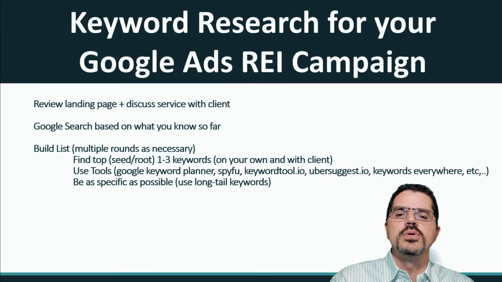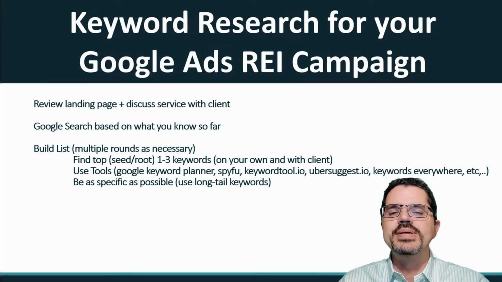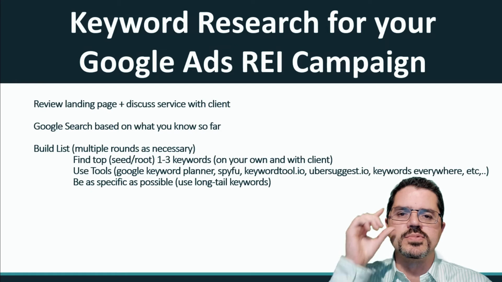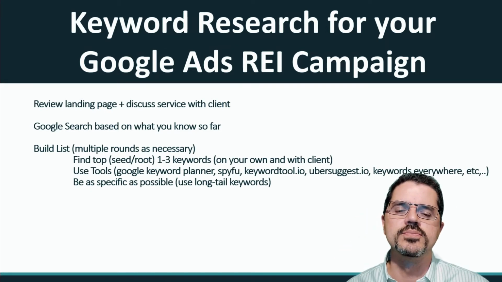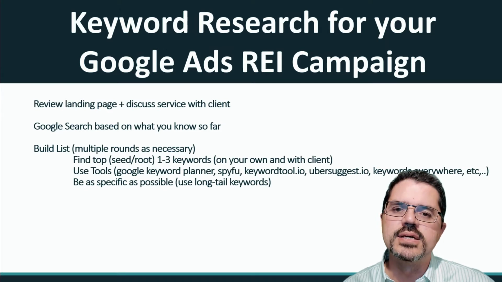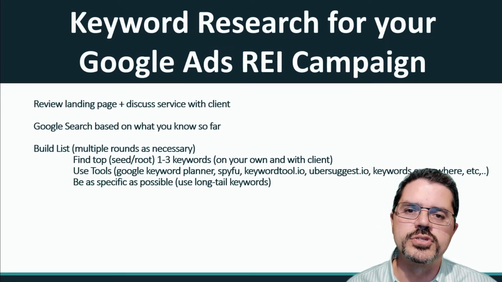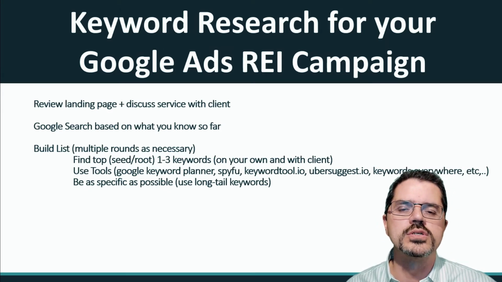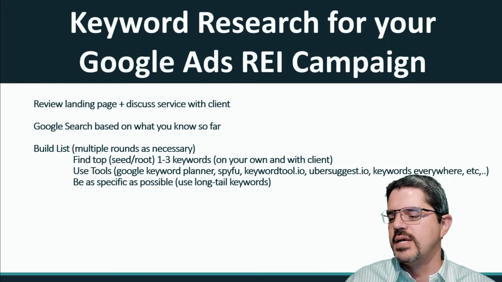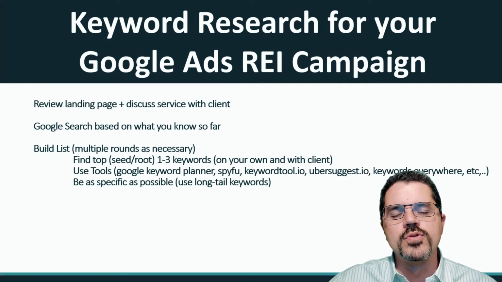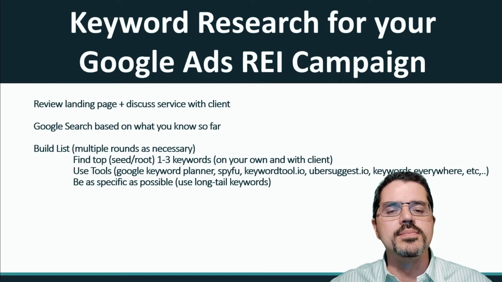The next thing you want to do is be as specific as possible. Try to really dial in these keywords to the point where it's clear what you're searching for when you have your search term. Every keyword should be specific, dialed in for the service and or the market.